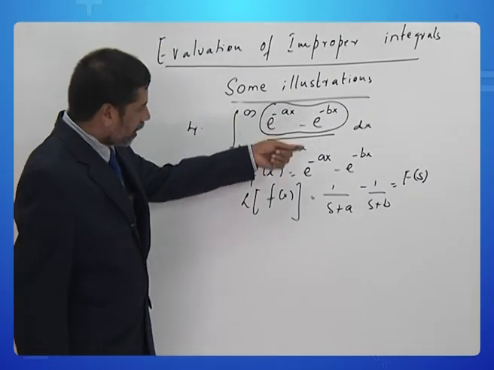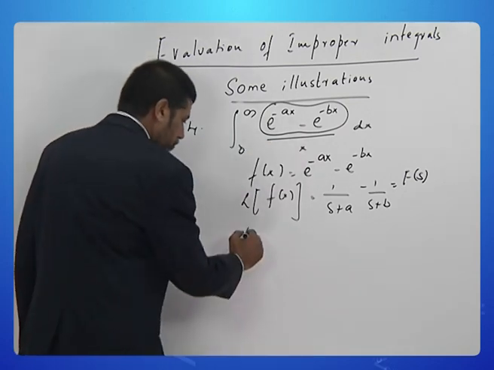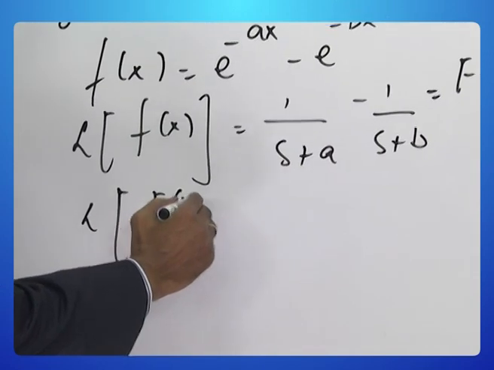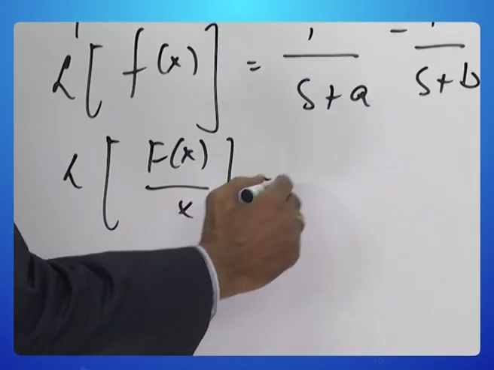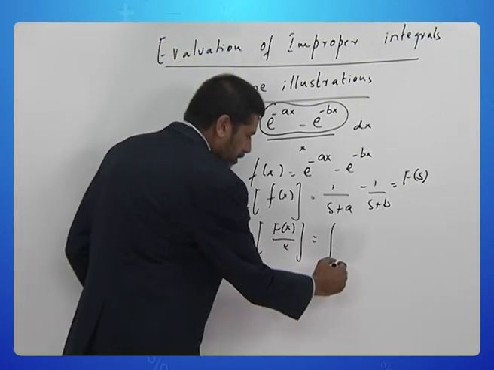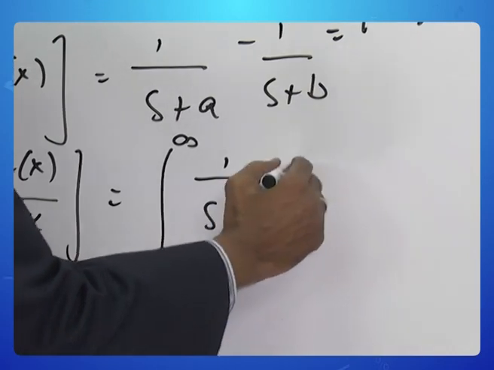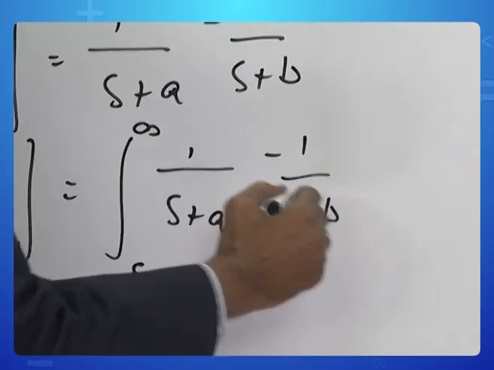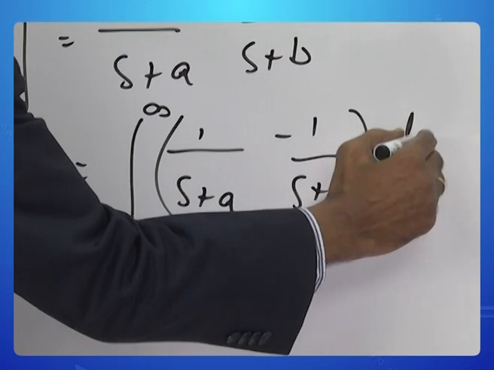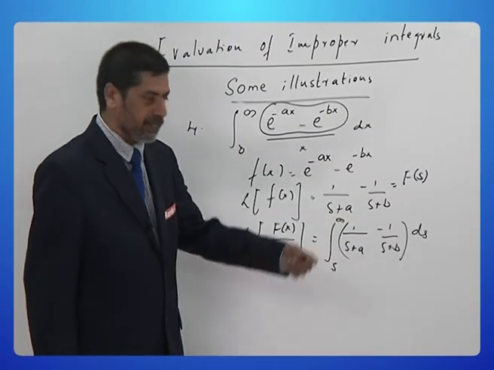Now when you divide with x, then an integration is involved. The limits of integration are s to infinity, 1 by s plus a minus 1 by s plus b ds. So this is a fairly simple integration to perform.